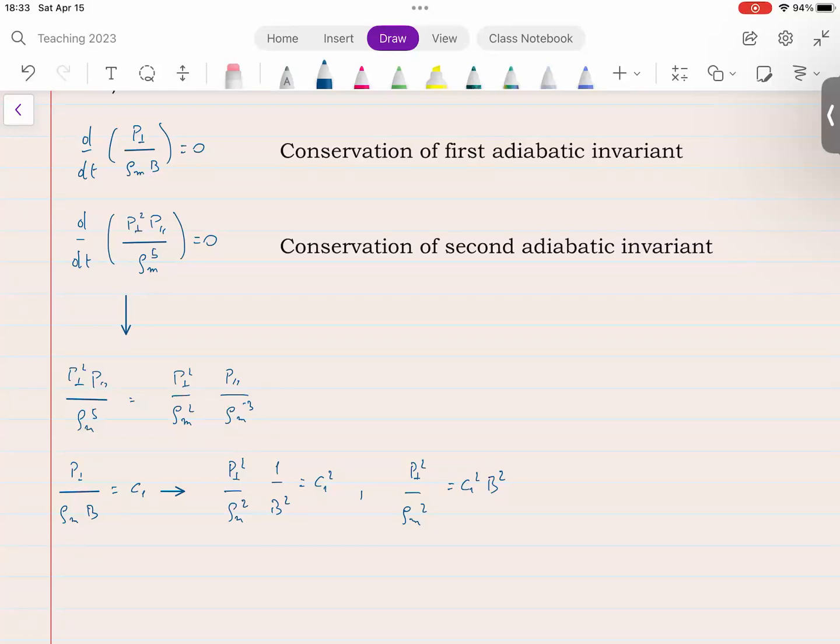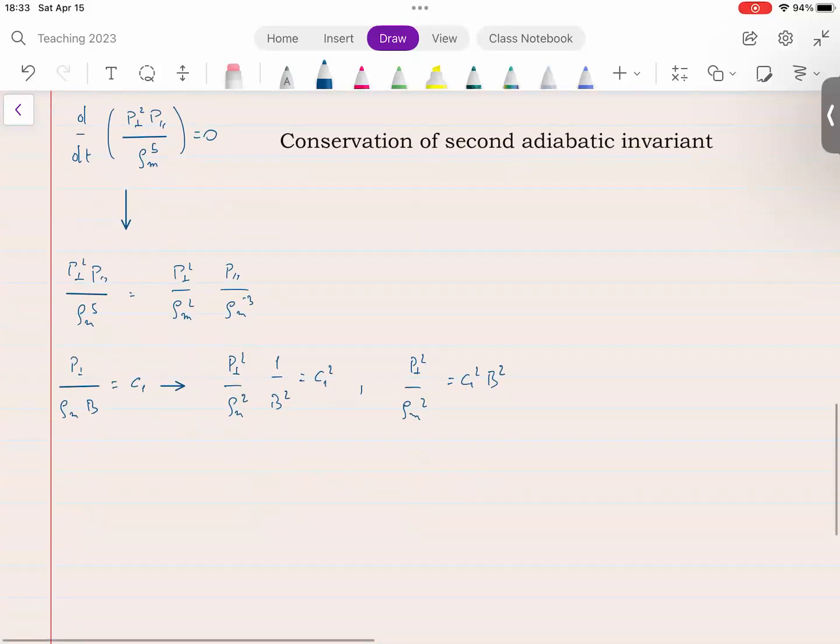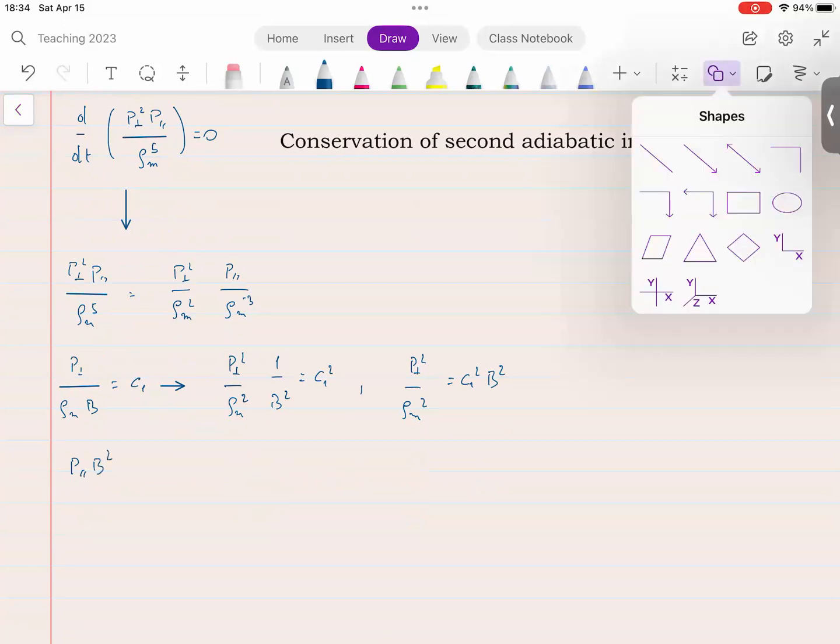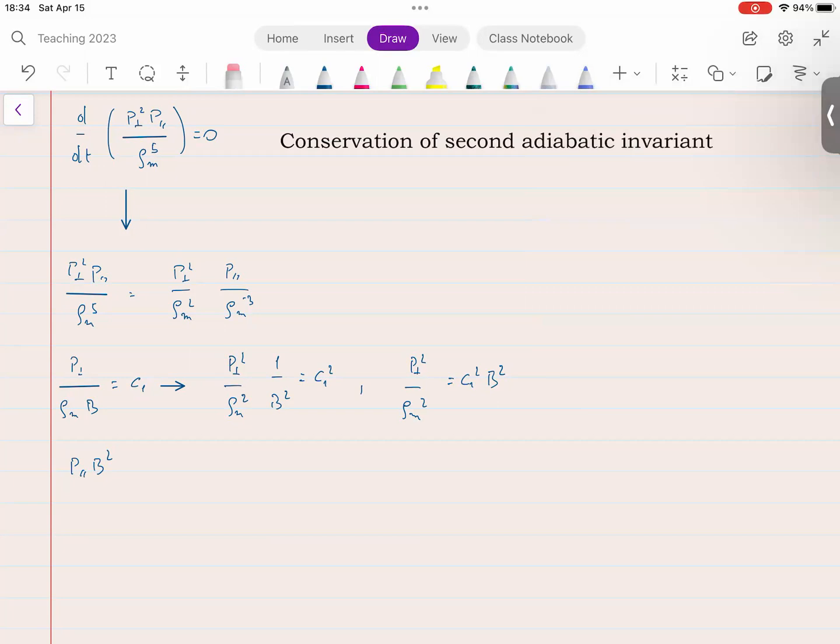in the equation above to obtain that P parallel times B squared over rho to the 3rd power is a constant, or that the derivative with respect to time of P parallel B squared over rho cubed is equal to 0.